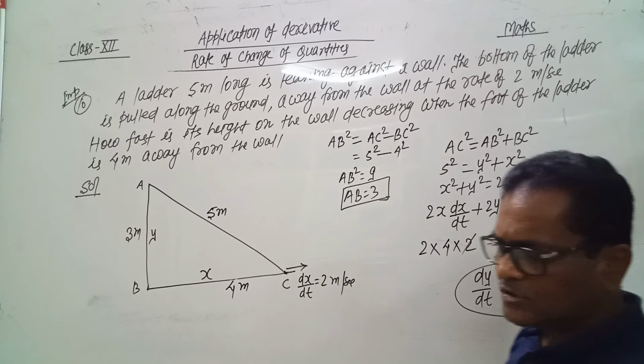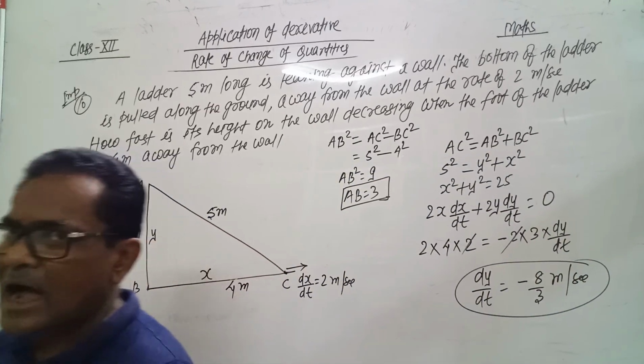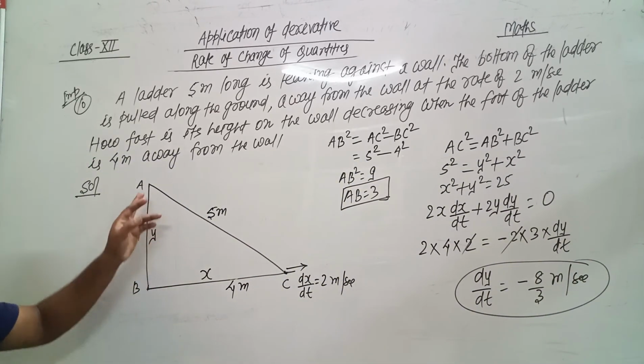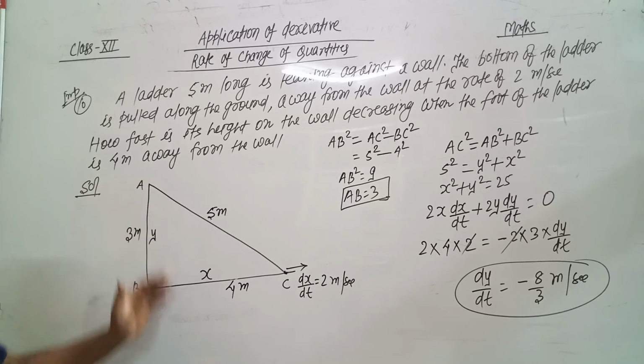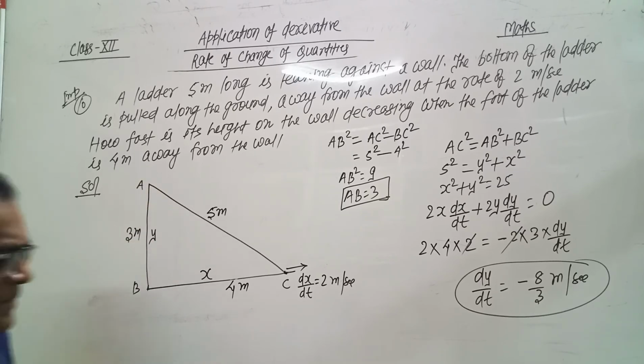So the minus sign shows that the height of the ladder on the wall goes on decreasing.